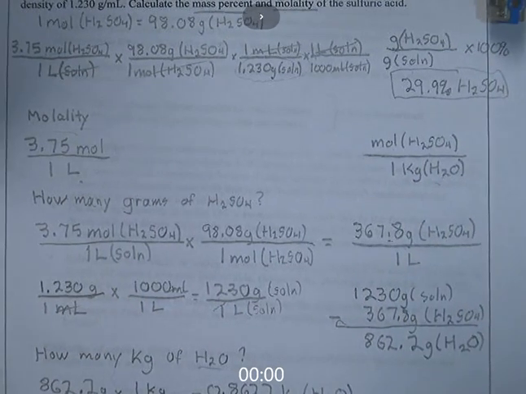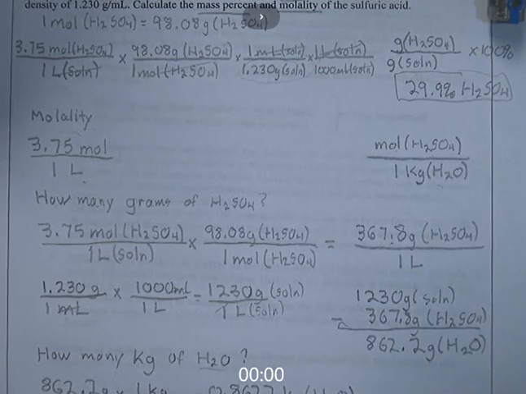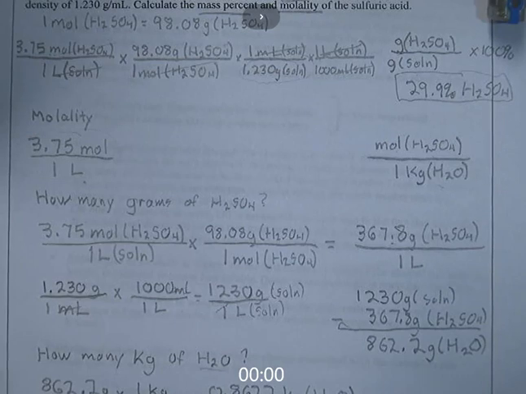So it is 3.75 moles of sulfuric acid for every liter, and that's all over 0.8622 kilograms of water for every liter.